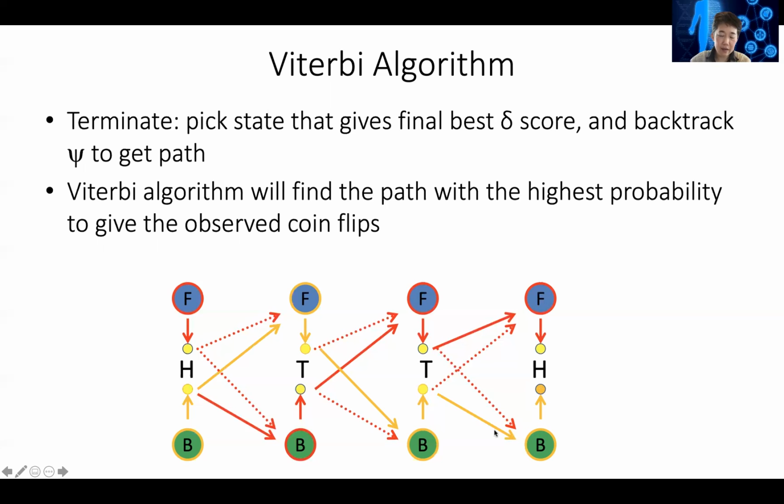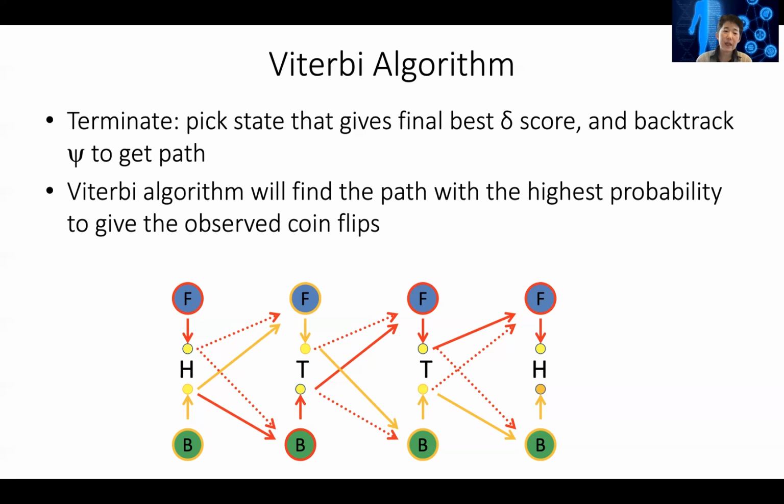Based on the psi keeping track of our path, we know that in order to get here we took this path and the previous coin is biased. Then the pointer tells us the previous coin is fair, and then the previous coin is biased. And so we have the path as well. At the end, you output your prediction: bias, fair, bias, bias. This gives you another solution to the second problem, which is the path.